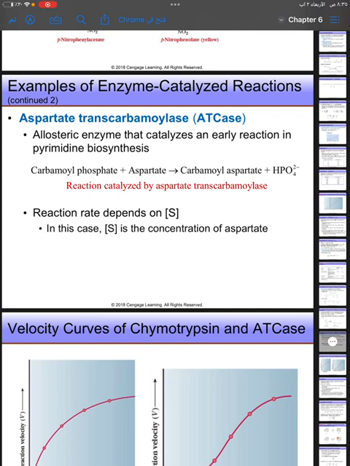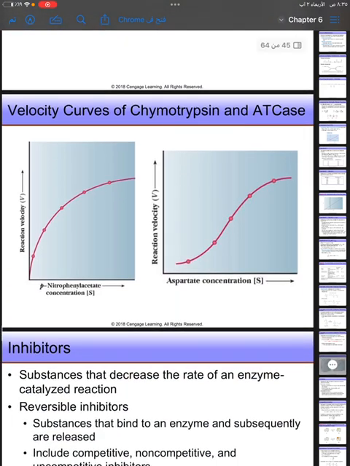So when you plot the relationship between aspartate concentration and the ATCase enzyme, it will appear as the following structure compared to chymotrypsin. So this is a practical example of the different behavior of enzymes depending on the subunit structures. Is it a tertiary structure or a quaternary structure? Does it have allosteric behavior, cooperative binding, or is it just one single-unit enzyme? So this is to compare two different examples that we have.